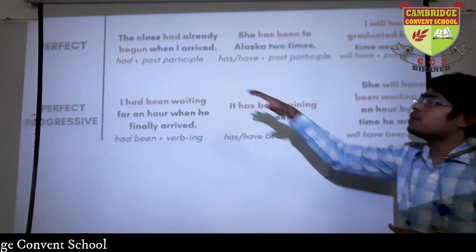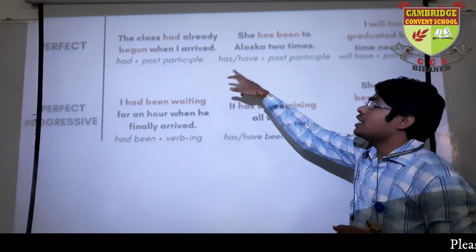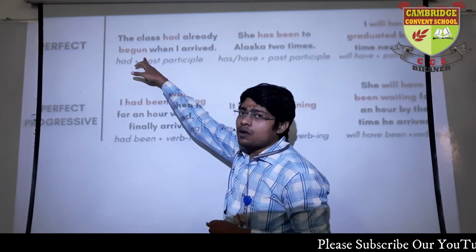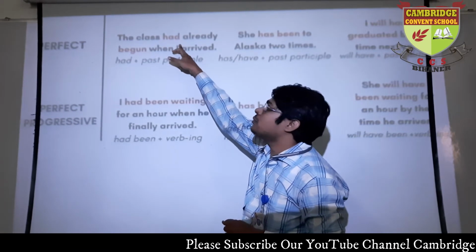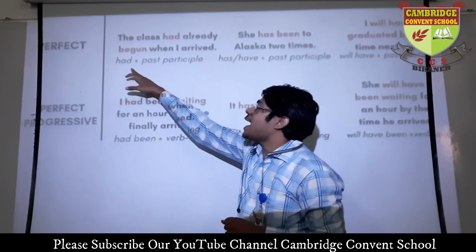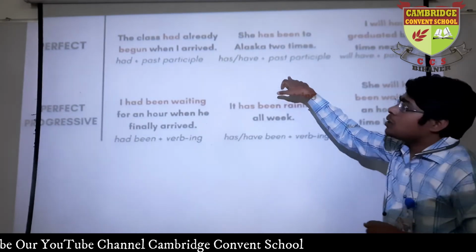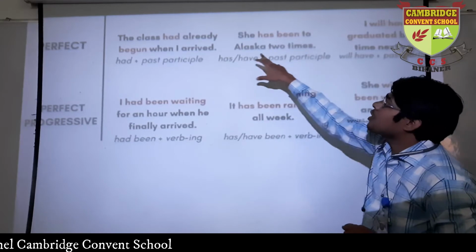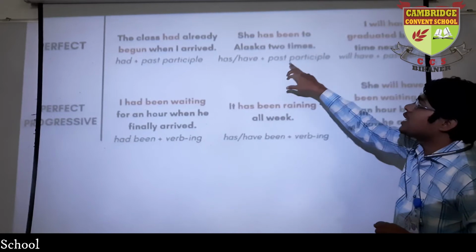Let's discuss all the perfect tenses. The class had already begun when I arrived. Here I used began, the third form of a verb, and the helping verb had, a past helping verb. The structure is had plus past participle. In the present perfect tense: she has been to Alaska 2 times.